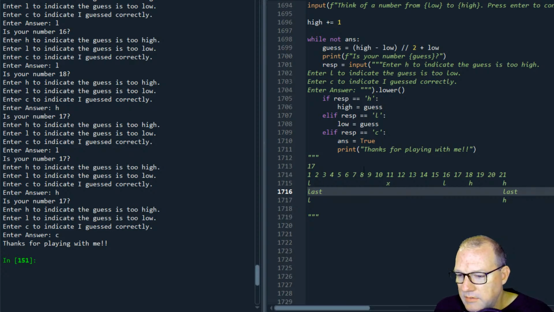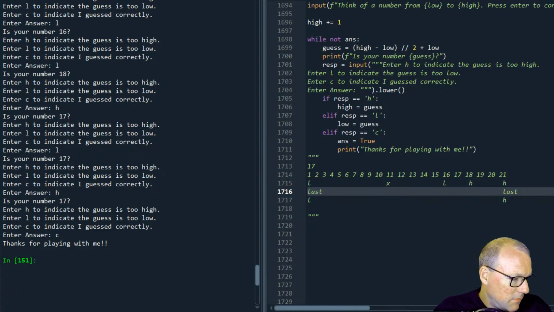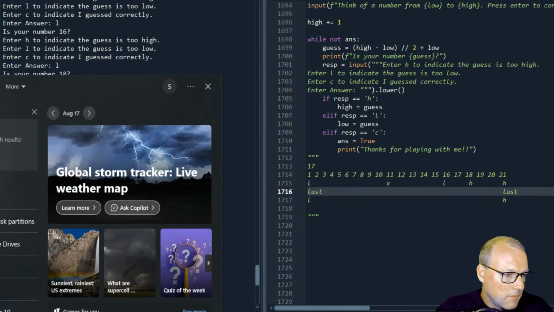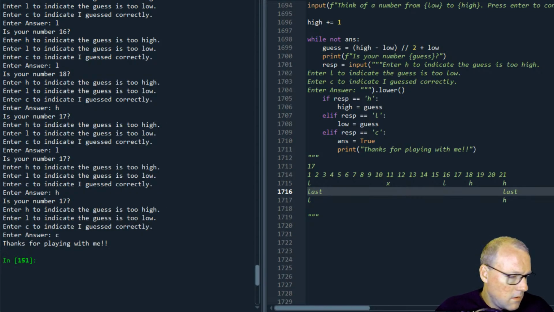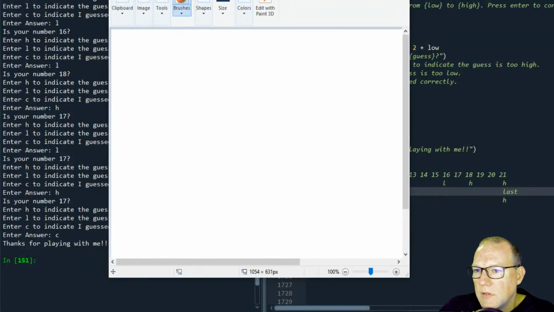So let's go through this visually, because this is how I wish I had a pen, and I don't think I can. Do I have Paint? Let's see. Can I get Paint pulled up over here? See how well I can draw, or write, with a mouse.